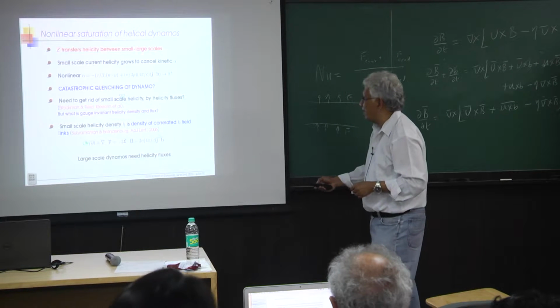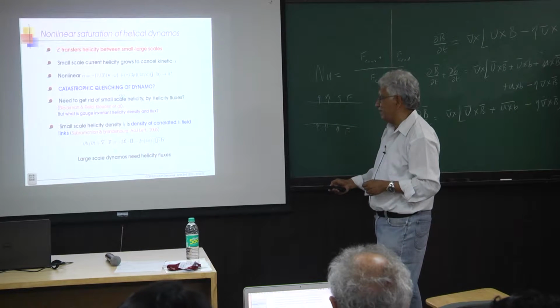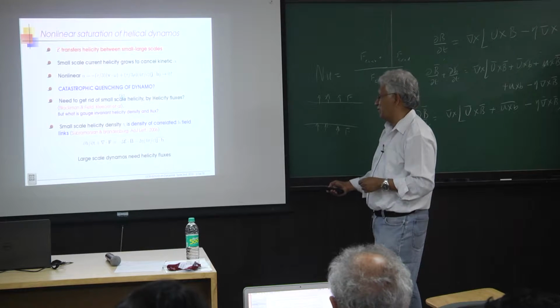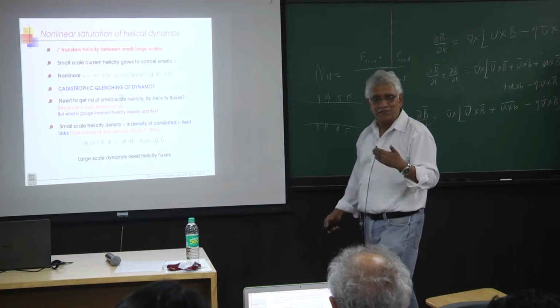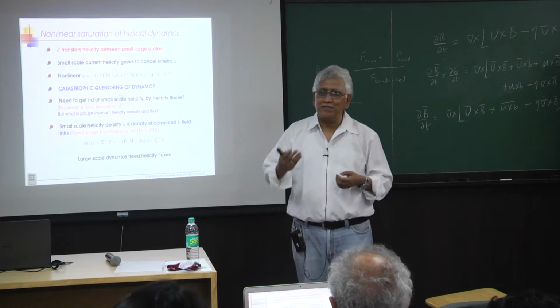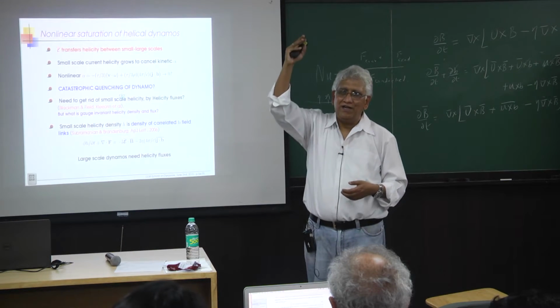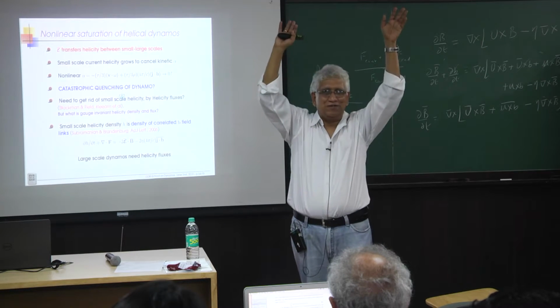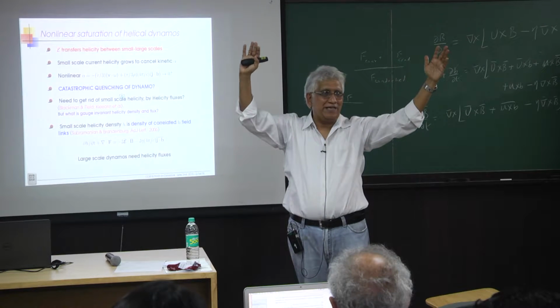Then you can write down a helicity conservation equation, and it involves the generation term which I told you, the dissipation term which I showed. It also involves the divergence of a flux. The simplest such flux is just throwing out things. When you just throw out the field, you throw out helicity also. Now, do you have such things in our galaxy?